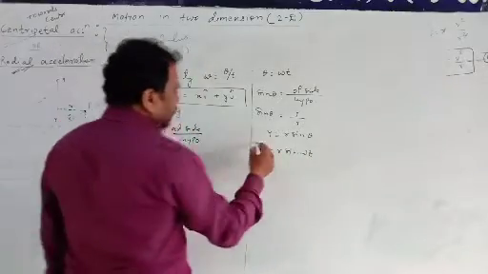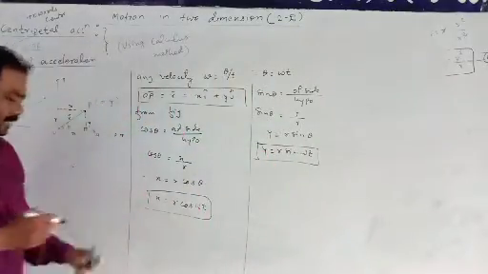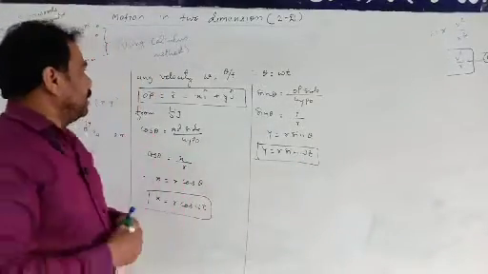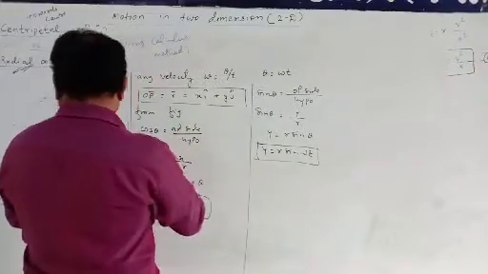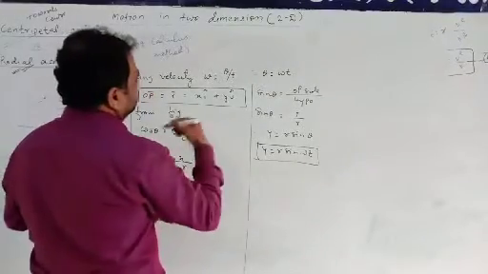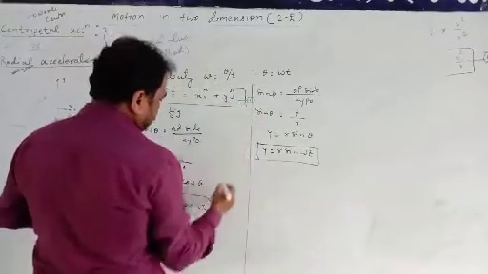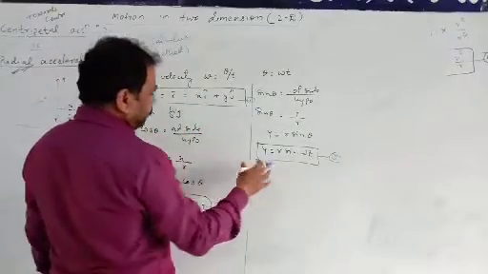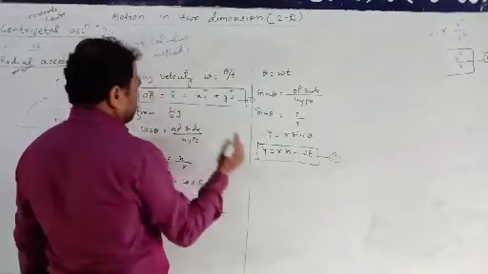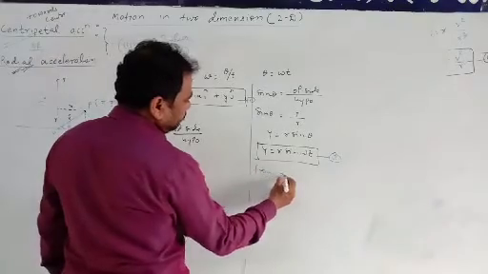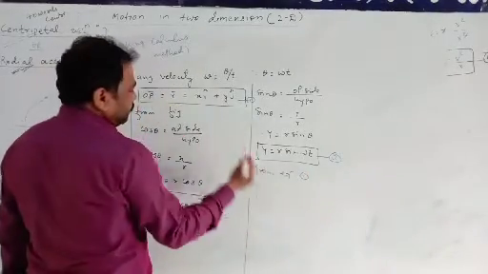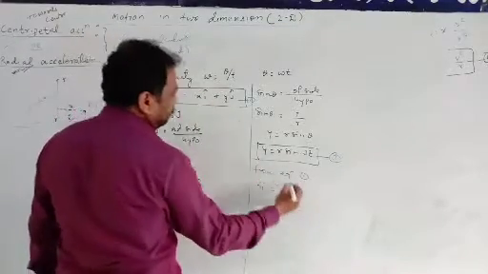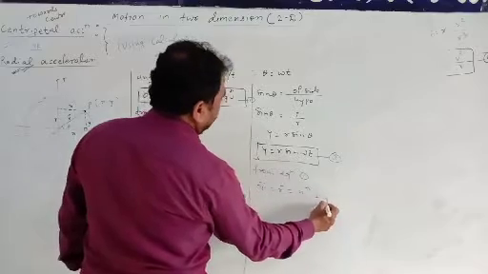Now here we have two equations: one is x is equal to r cos omega t, another is y is equal to r sin omega t. Okay, now we have the first equation, OP is equal to x i cap plus y j cap. So we can put these two values x and y in the first equation. Vector OP, means vector r, is equal to x i cap plus y j cap.